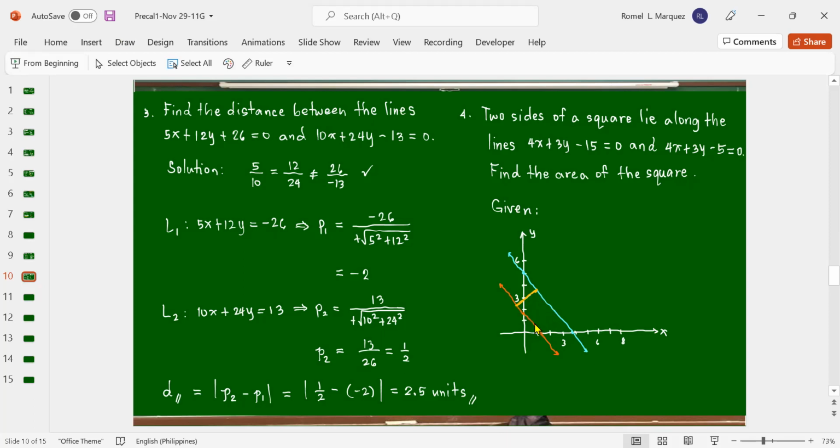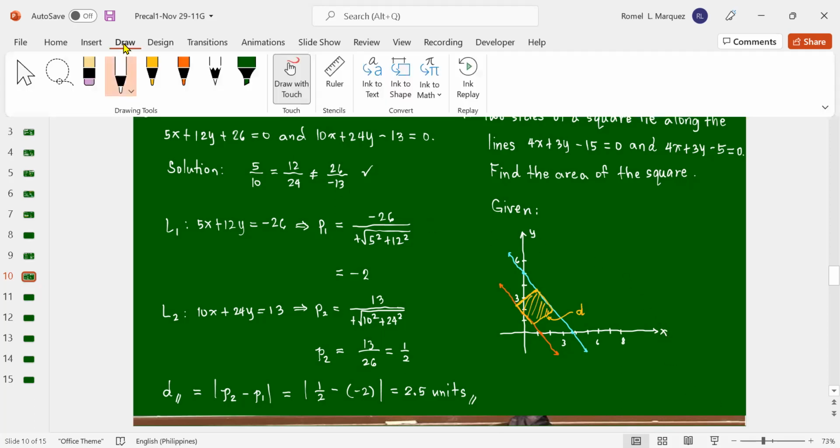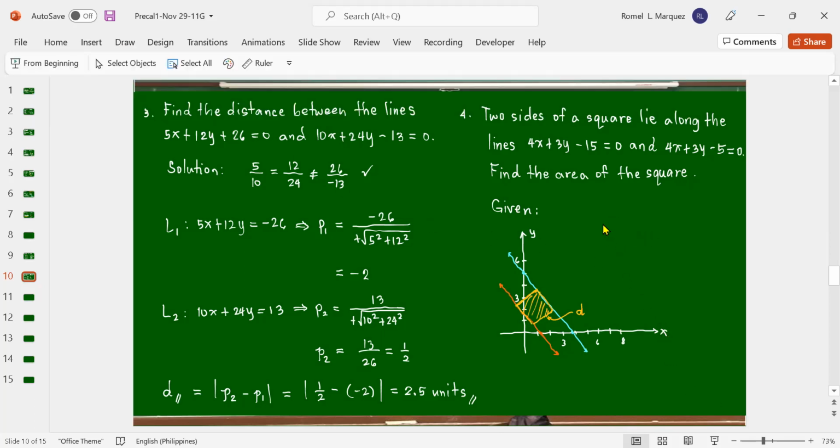So I just need one side, right, guys? Just one side. Okay? So this is my square. So what is the length of this? Let's say that is my D, no? Okay, guys?